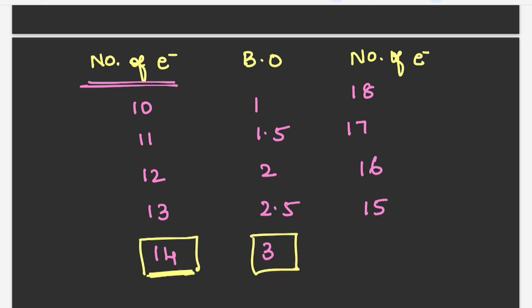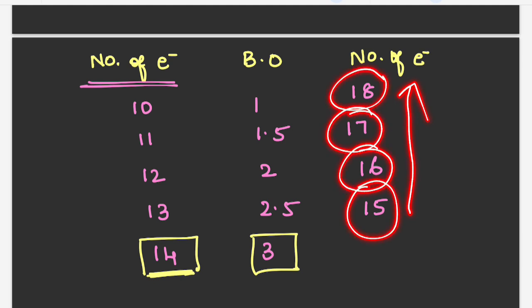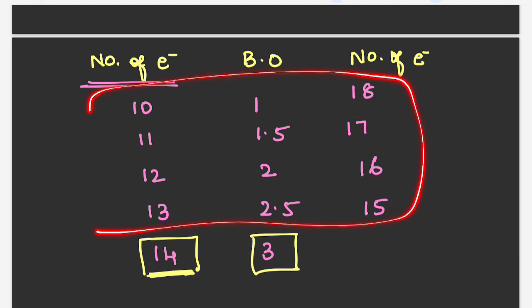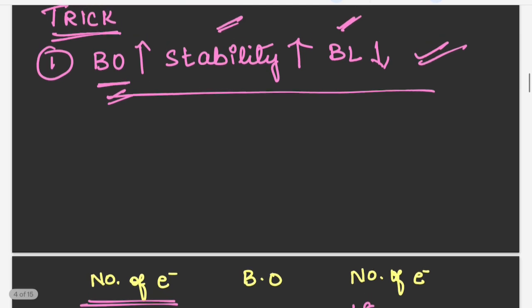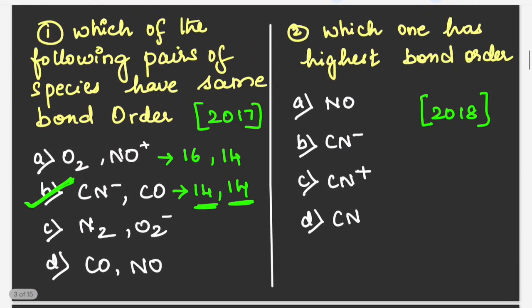Then 14 electrons. After 14, write in the reverse order: 15, 16, 17, 18. So this much you can easily remember, and the highest bond order will be for 14 electrons. So find the total number of electrons and you can easily find the bond order.